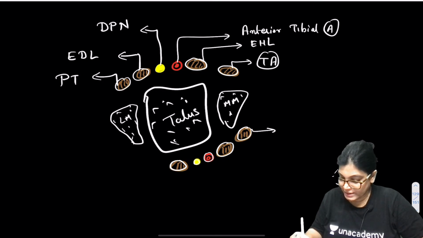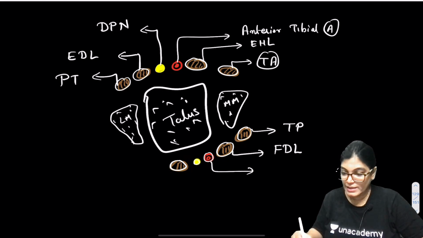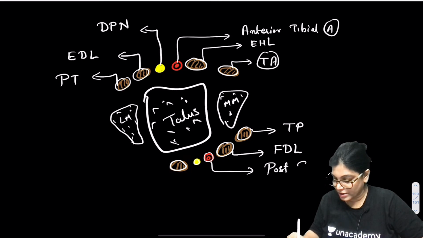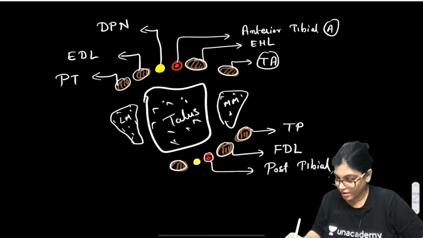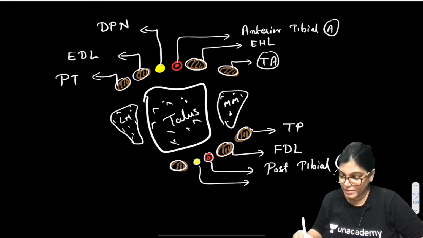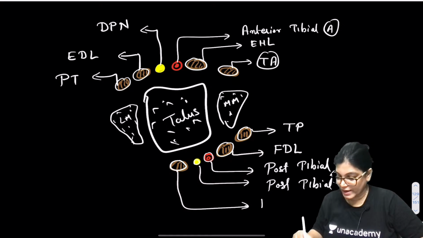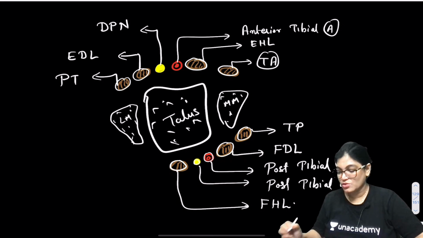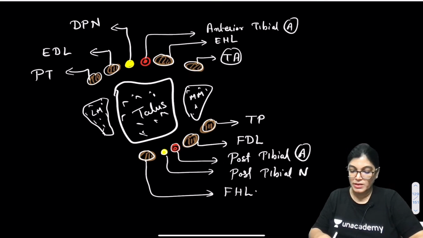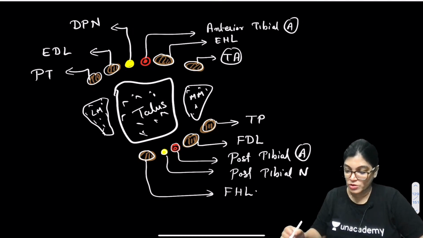Now, the structures related are tibialis posterior, flexor digitorum longus, then the artery, posterior tibial artery, and then the nerve, that is the posterior tibial nerve, and the lateral most structure is flexor hallucis longus. So, these are the structures related on the posterior aspect.